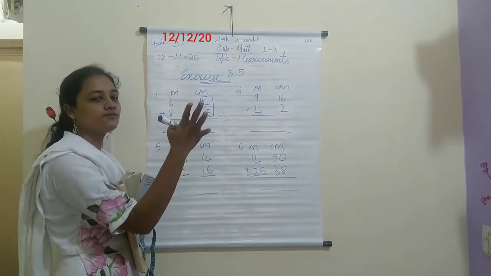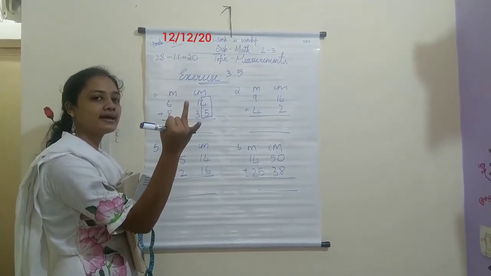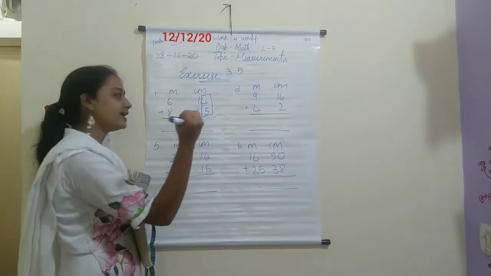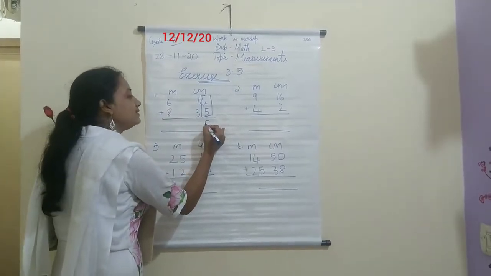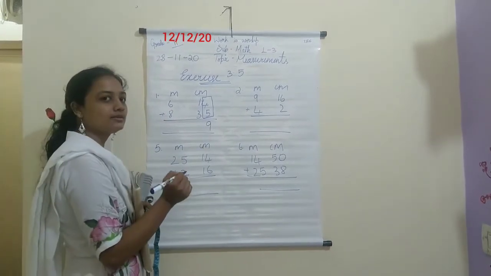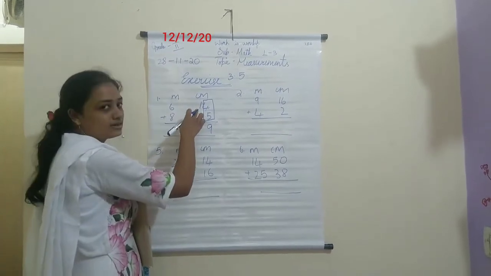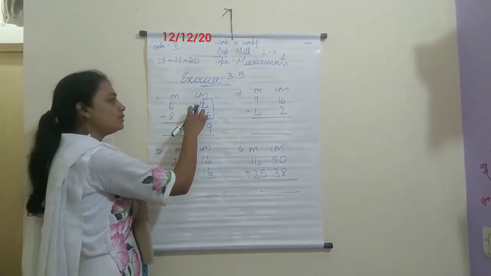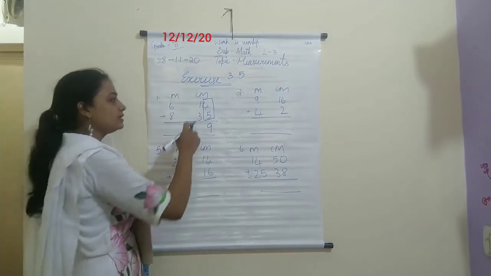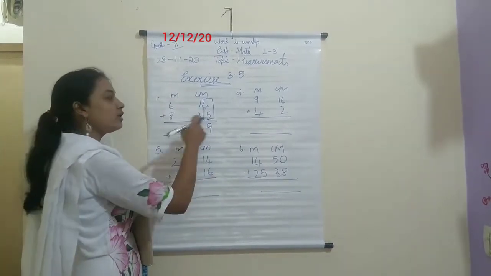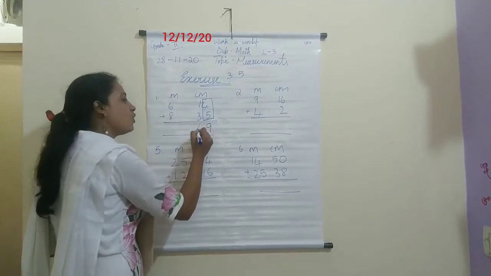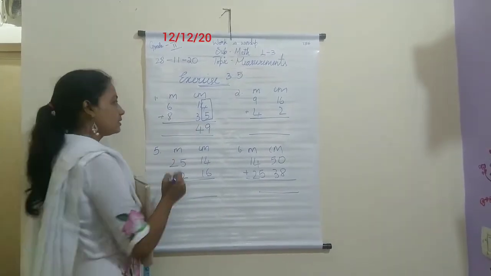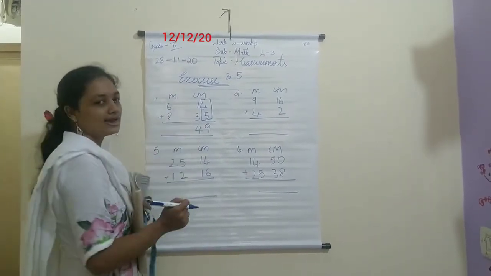After 4, 5, 6, 7, 8, 9. So the answer is 9. Similarly, go for the next numbers now. I have 1 and 3. What is 1 plus 3? So it is the successor of 3. That will be 4.